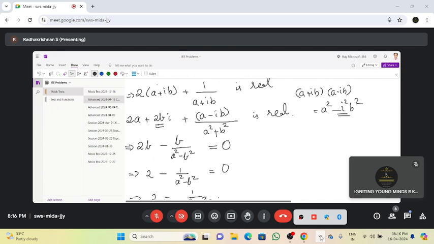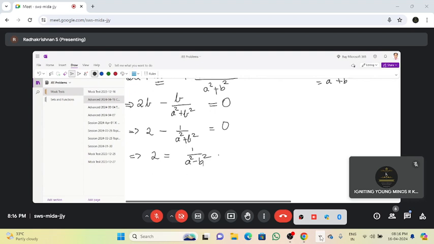Since i square is minus 1, this becomes a square plus b square. So 1 by (a square plus b square) equals 2. That means a square plus b square equals 1 by 2.